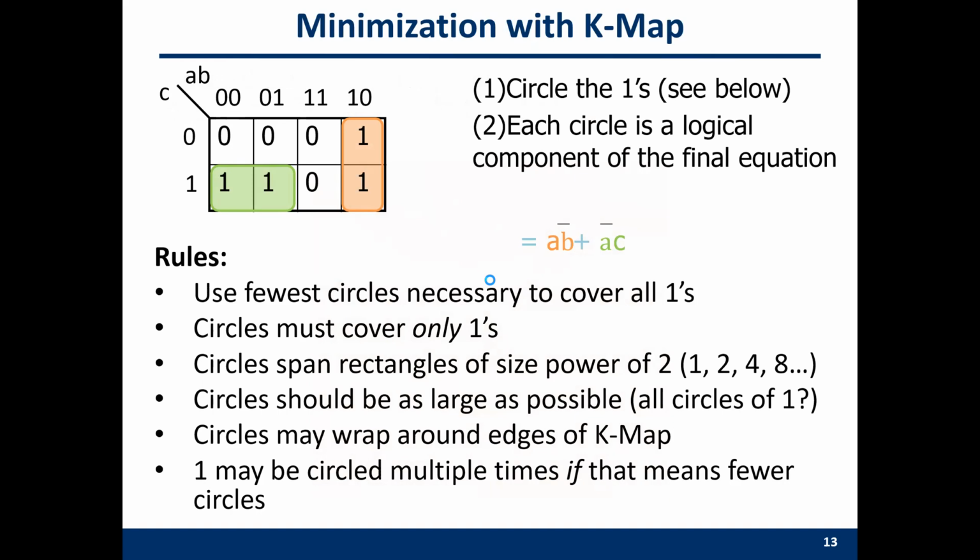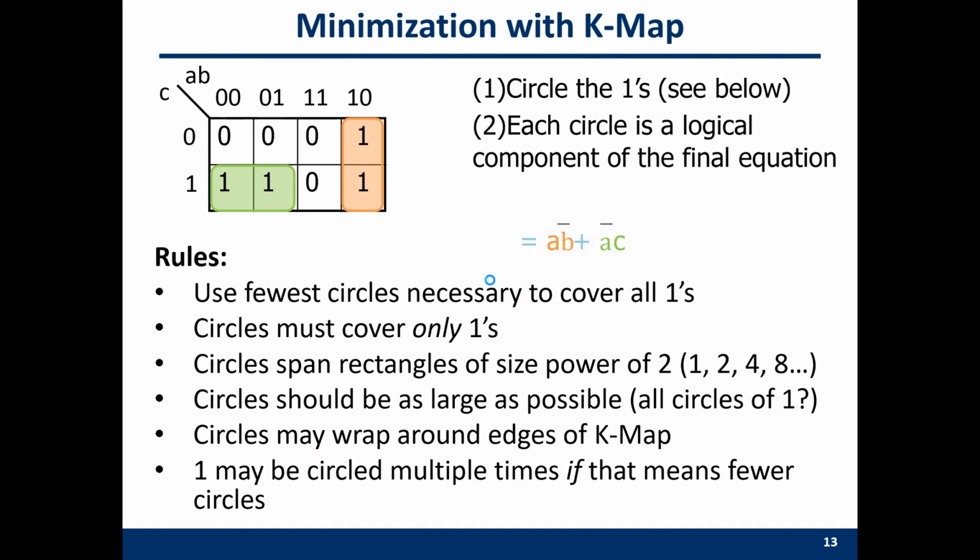Use as few circles as possible. Cover only once. And the size of the circle has to be 2 to the n. N can be 0, 1, 2, 3, 4. So the size of the circle can be 1, 2, 4, 8. And then the circle has to be as large as possible.